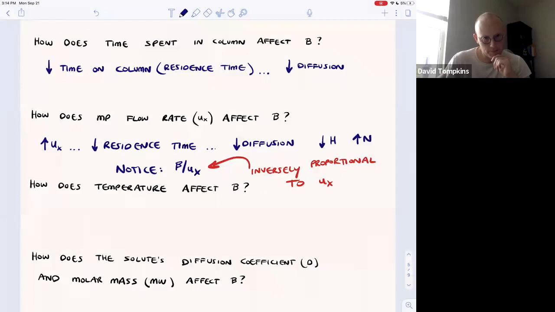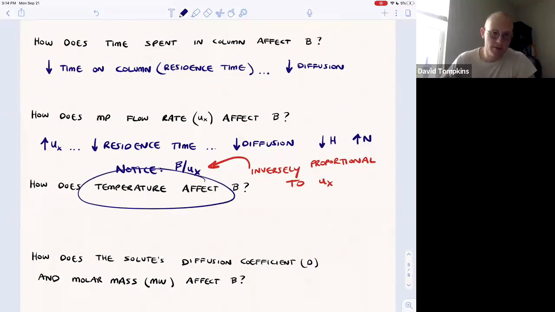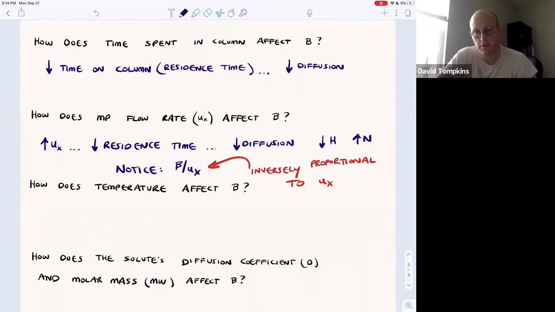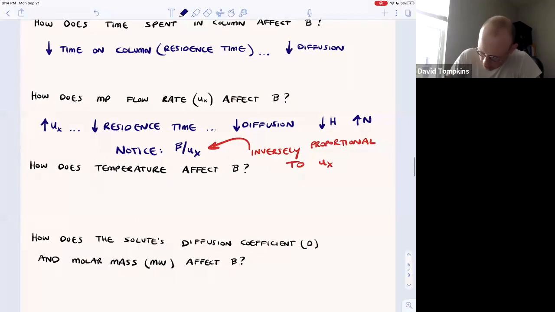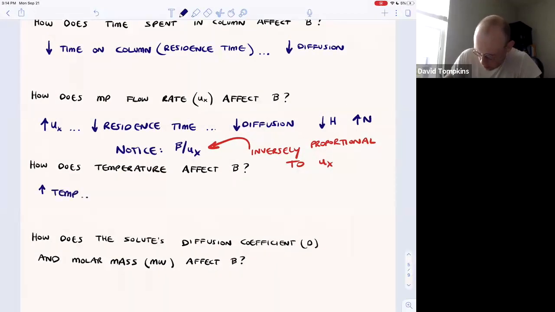So now you can also think about the temperature at which the column is run. Sometimes it's optimal to do these experiments in a cold room at 4 degrees Celsius to minimize diffusion. Increasing temperature leads to an increase in the average kinetic energy of a compound, or a gas primarily, but you can also think about things in the liquid phase, and kinetic energy is related to velocity.